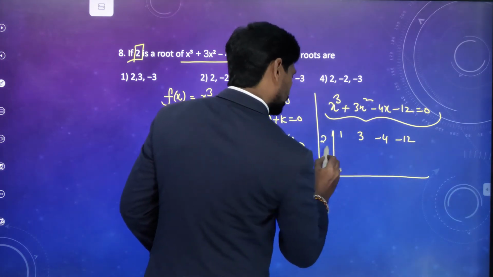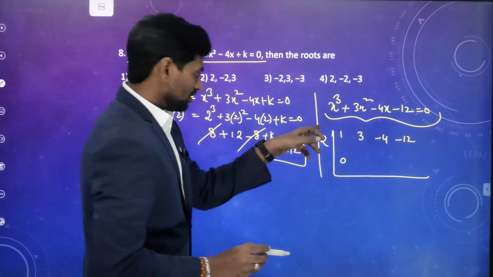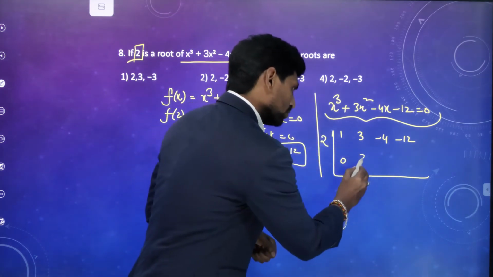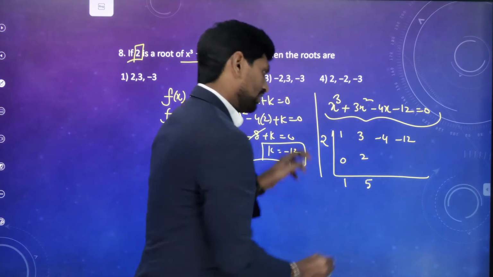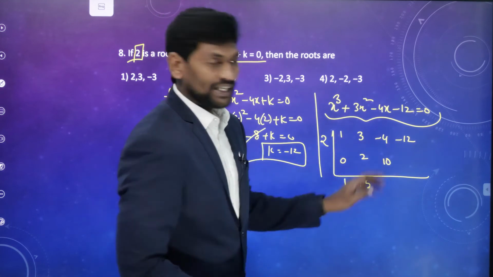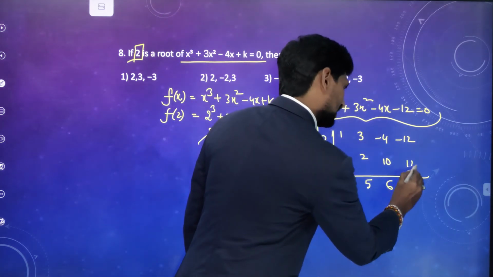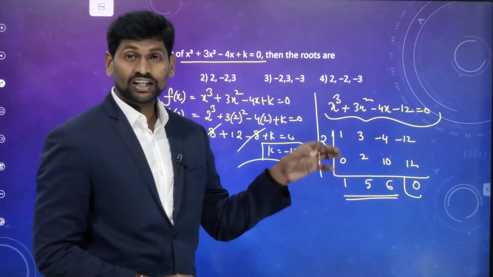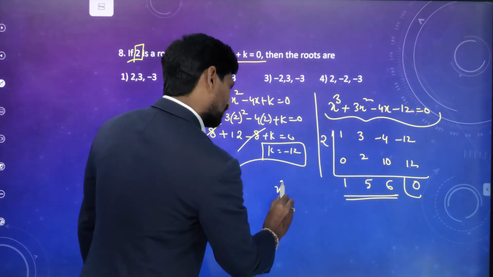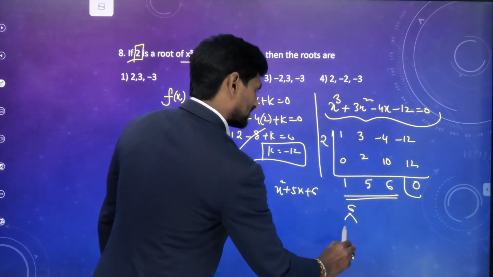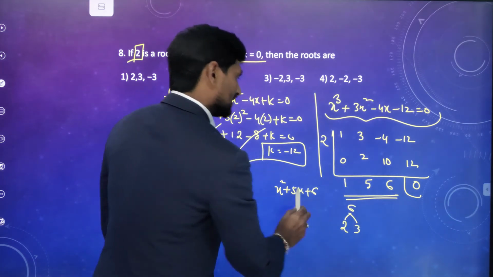So taking 2 here, 0 because 2 is already a root. 1 plus 0 is 1. 2 ones are 2, so 3 plus 2, 5. 2 5s are 10, so minus 4 plus 10 becomes 6. Here 12. Last one 0. So there are 3 terms remaining, nothing but a quadratic polynomial, that is x square plus 5x plus 6. 6 factors: 2 3s are 6, 2 plus 3 is 5.